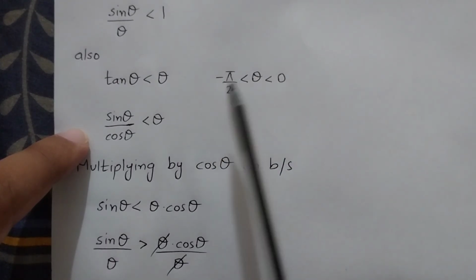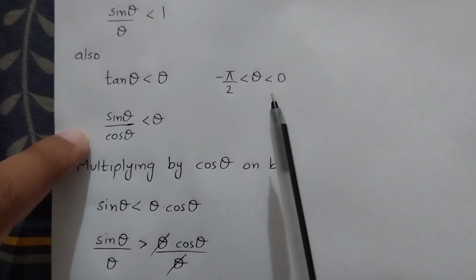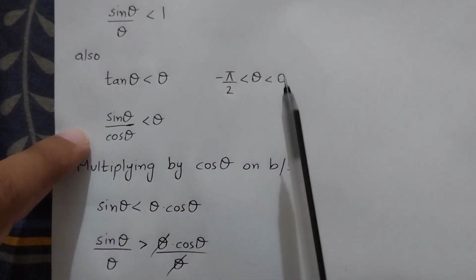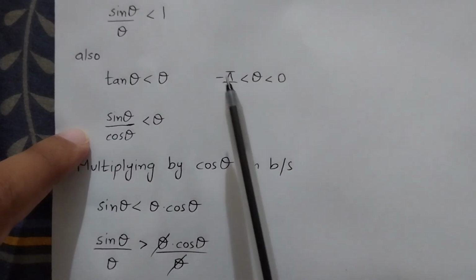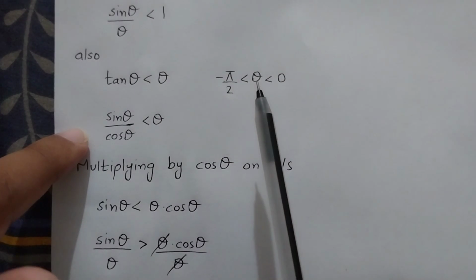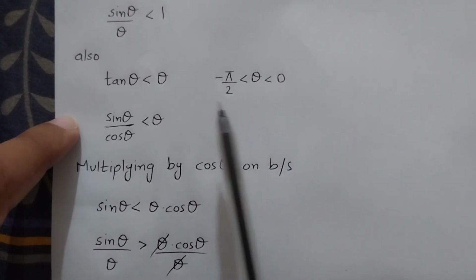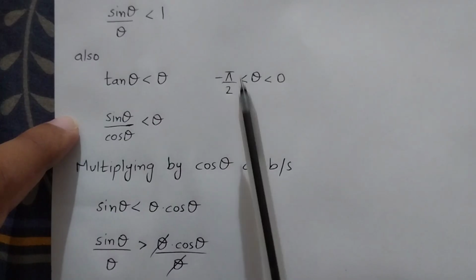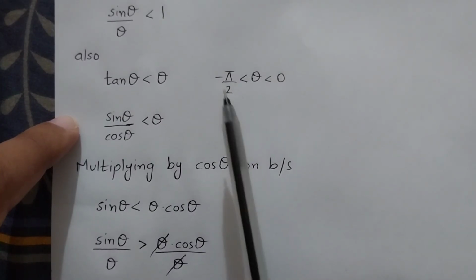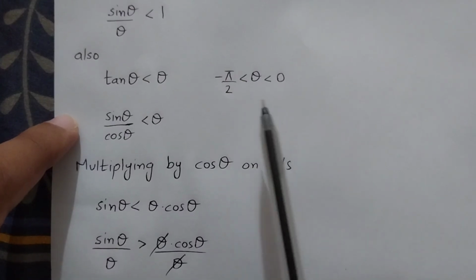Both of those are not included. 0 is not included because we are not interested in what happens when we are at 0, and negative pi by 2, tan goes to negative infinity for this value, so that's why we are taking this range but not including the endpoints.